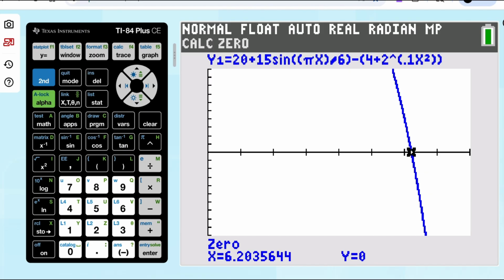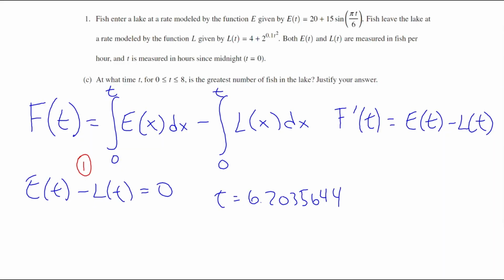And therefore, the number of fish had to be increasing from 0 to 6.2 and decreasing from 6.2 to 8. So, like I said, one option is just to plug in 0 and get 0, and plug in 6.2 and find out how many fish were in the lake then and how many fish were in the lake at 8 and pick the biggest.